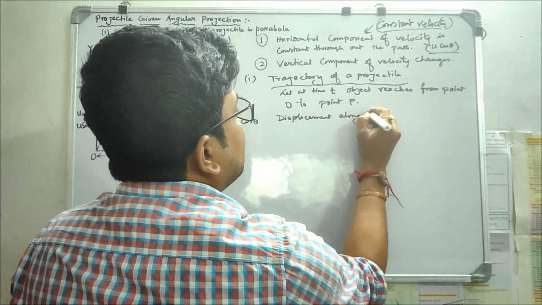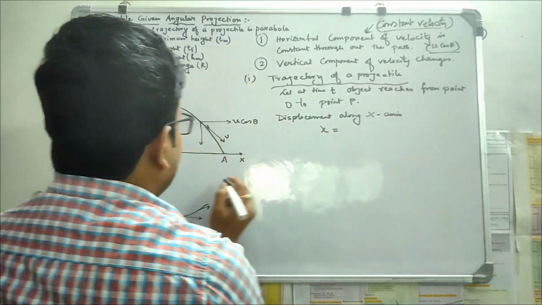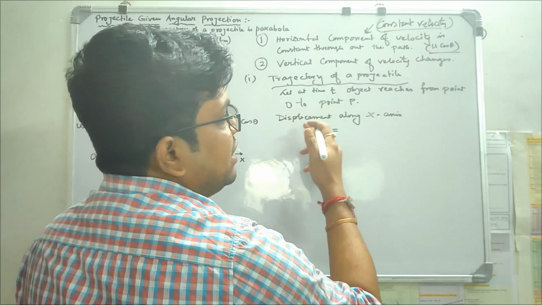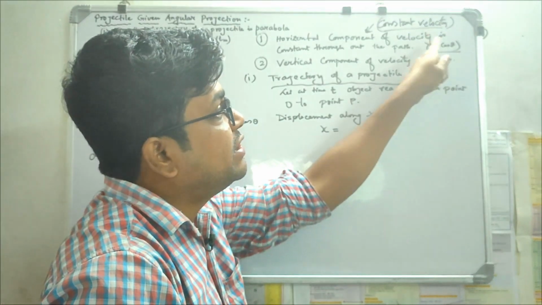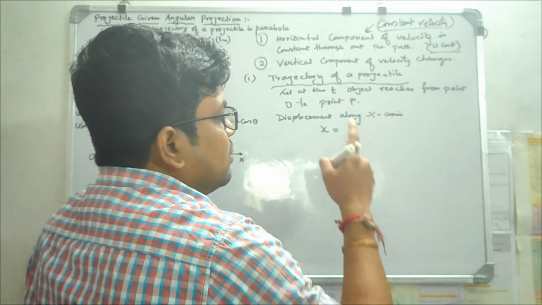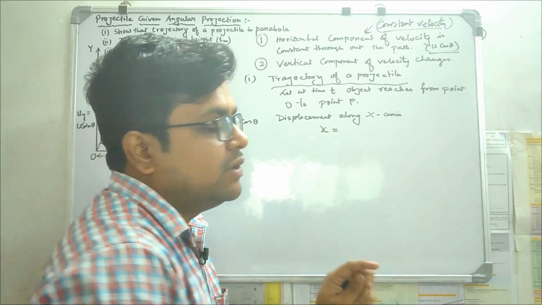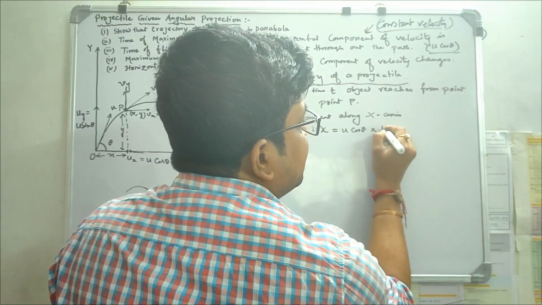along the x-axis is x equals to, this is the x-axis. Along the x-axis how much distance? As the time is t and the velocity along the x-axis always remains constant, which is nothing but u cos theta, displacement is equal to velocity into time. So u cos theta is the velocity, into time t.